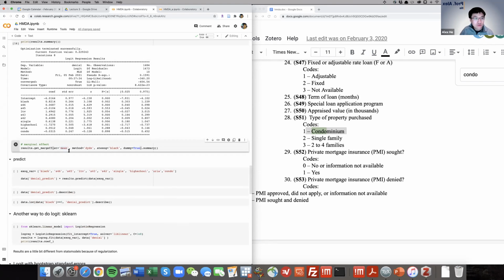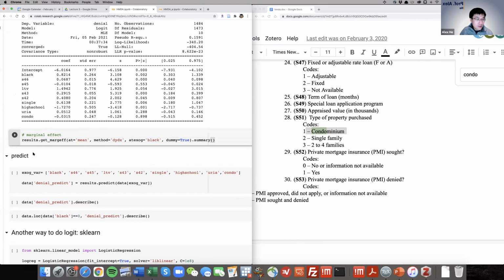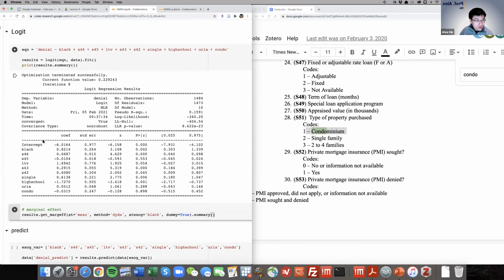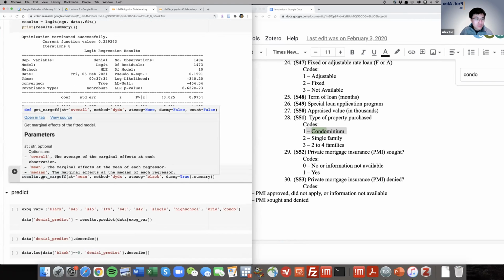And if you want to see how that translates into differences in denial rates, so denial rate is just the probability of denial, right? If you want to translate that into differences in probability, you will need to do the marginal effects. Here, there's a way to calculate the marginal effects after you estimate that equation. You can use the results and this function called get marginal effects.